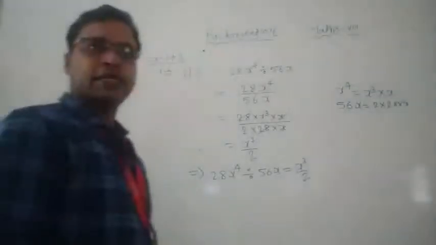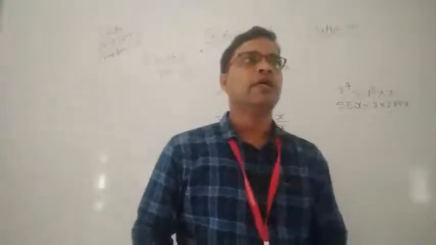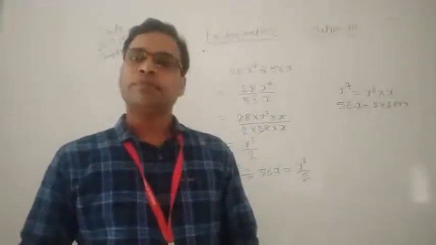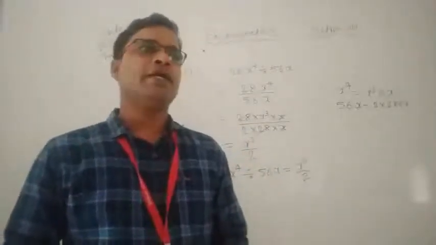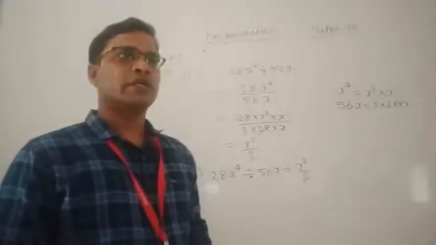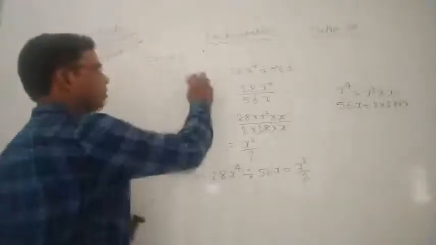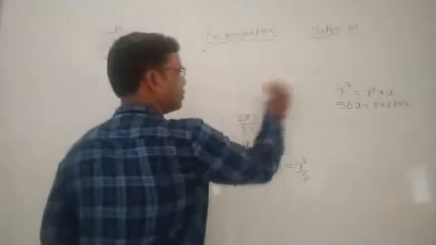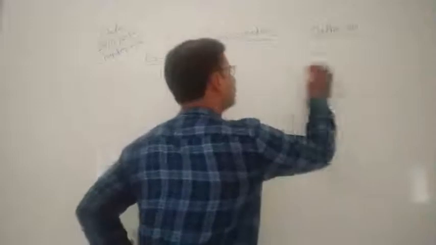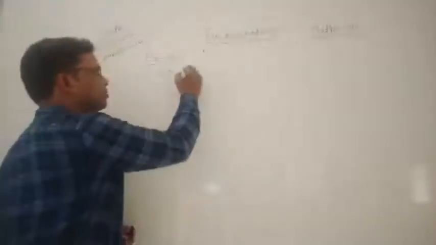Now the second part of this question number 1: minus 36 y power 3 divided by 9 y square. Let's see what the quotient is, the division of the given algebraic expression. So first we erase this.